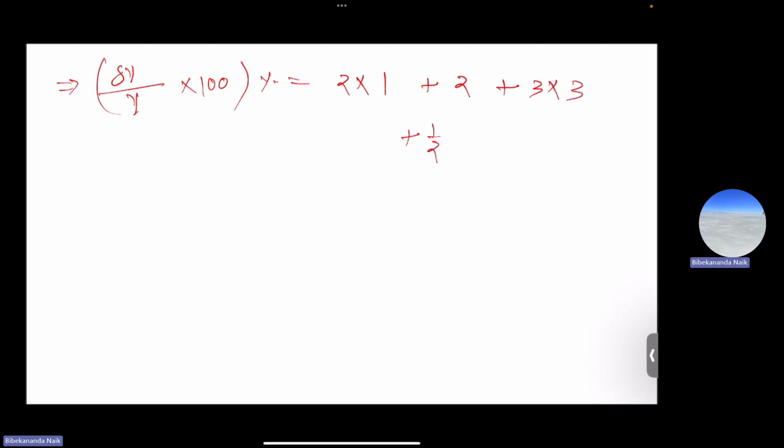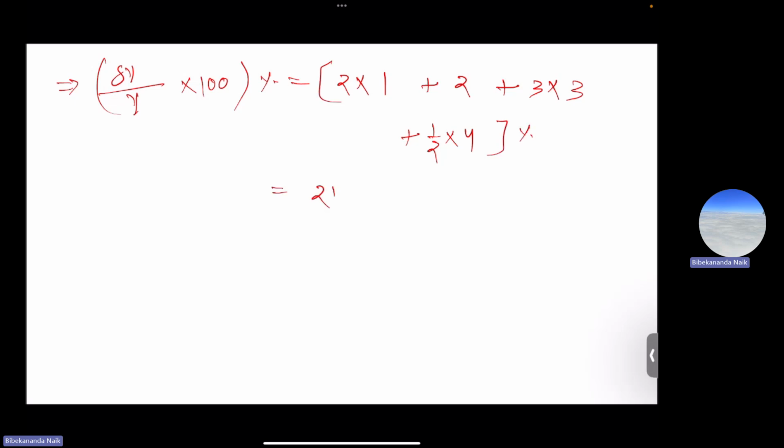So if you calculate, del y by y into 100% will be 2 into del a by a, which we know is 1, plus del b by b is 2, plus 3 into del c by c is 3, plus half into 4 percent.